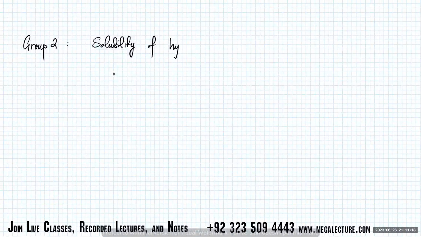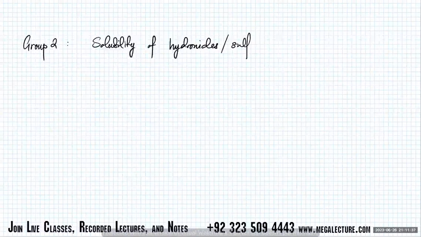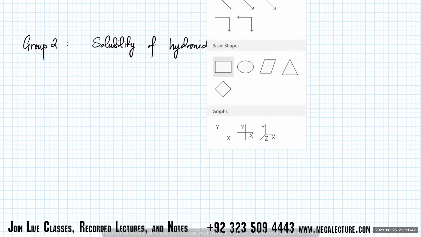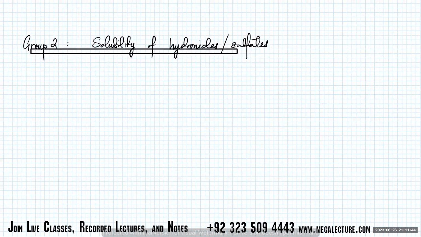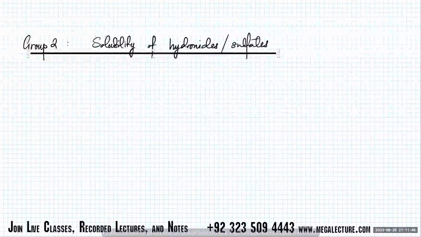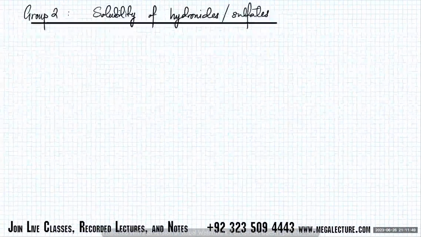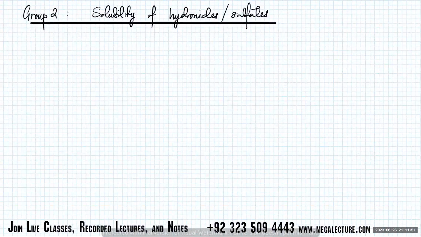The question is usually about solubility of hydroxides. This is somewhat overlapping with group 2, but that's the only thing. We're not going to study group 2 separately. We're going to study it over here.